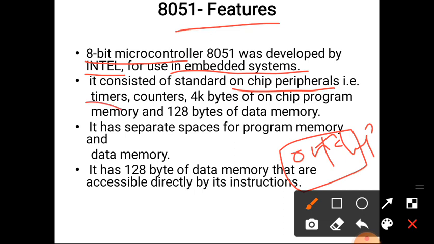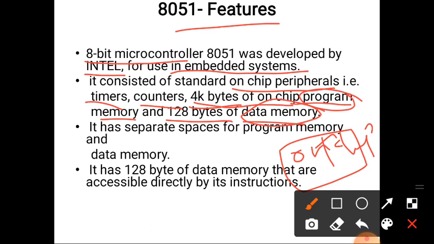What are the peripherals here? Timers and counters, 4 kilobytes of on-chip program memory and data memory. There are two types of memories: one is program memory and another one is data memory. What is the size of the program memory? Program memory size is 4 kilobytes and data memory size is 128 bytes.